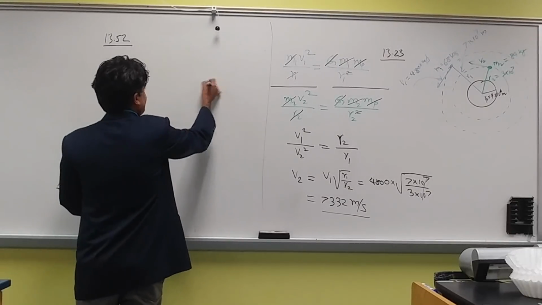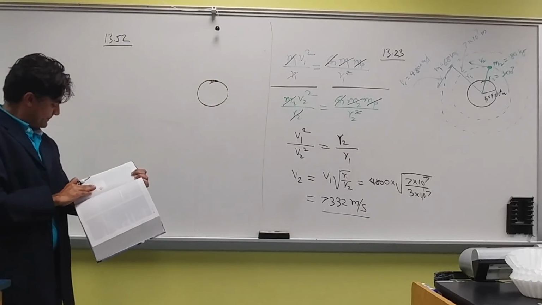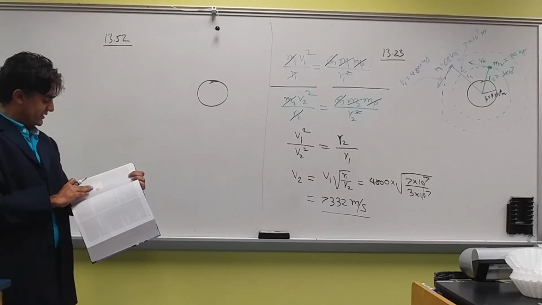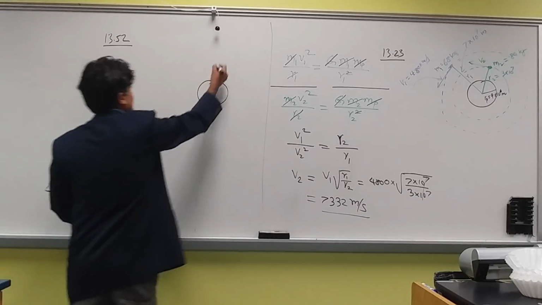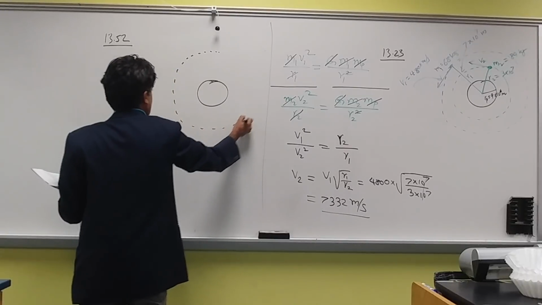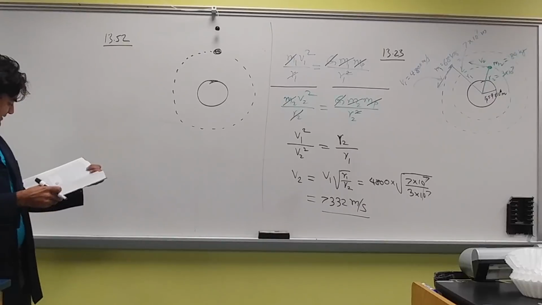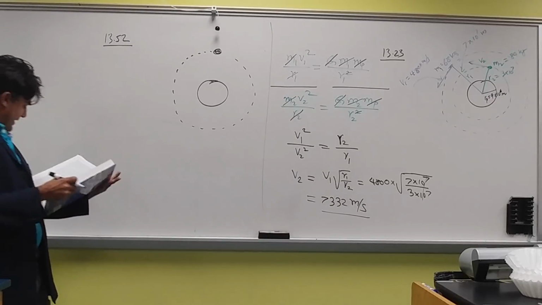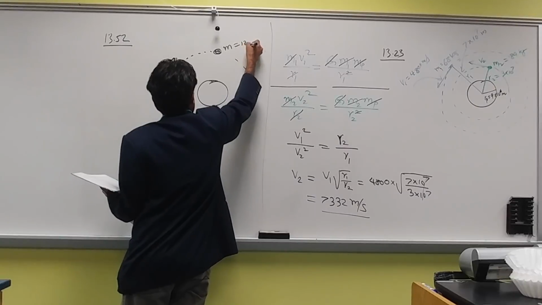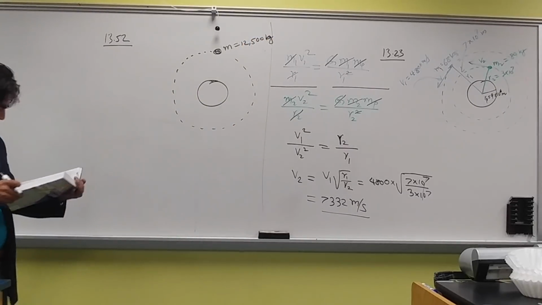You have a planet here, and there is a satellite or a landing craft in a circular orbit. This one has mass equal to 12,500 kilogram. That's what the question says.